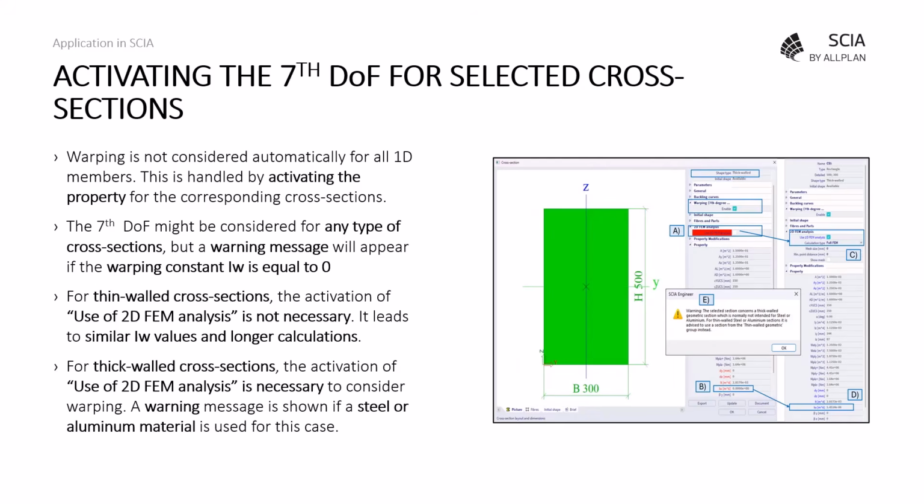As for the thick-walled cross-section, in that case, IW will be equal to 0 by default. So it will be necessary to check the option use of 2D FEM analysis if you want to consider warping in that case. And we'll also get an additional warning message if this cross-section is used with the steel or aluminum material, because for these types of materials, it is preferable to use a thin-walled cross-section.